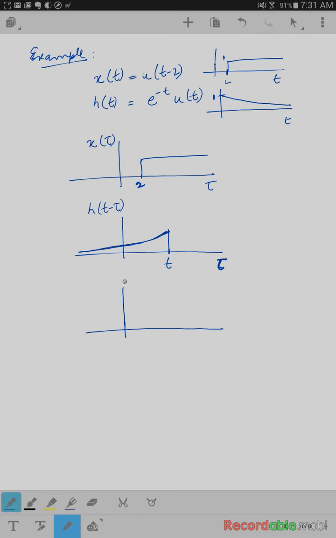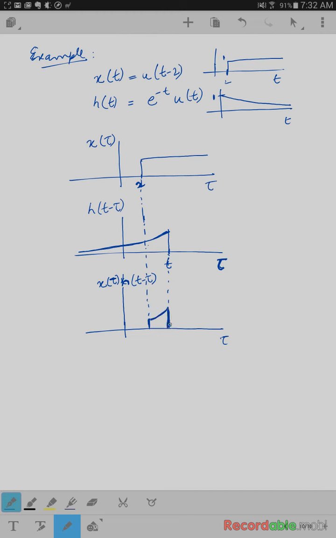So I take the product, it's x of tau h of t minus tau. I'm plotting the signal that I'm going to integrate over, and again this is versus tau. So from tau equals 2 to tau equals t, if 2 is less than t, you get a signal like this.